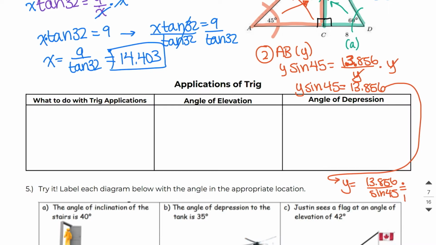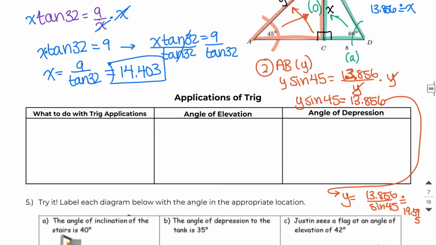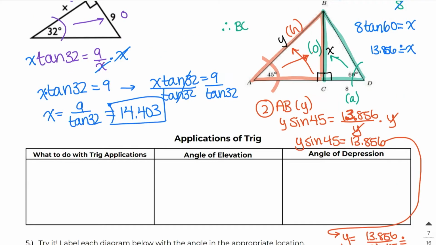So here we know that y is approximately 19.595. Now we can say therefore BC is equal to 13.856, and that AB is equal to 19.595. And that is our final answer.